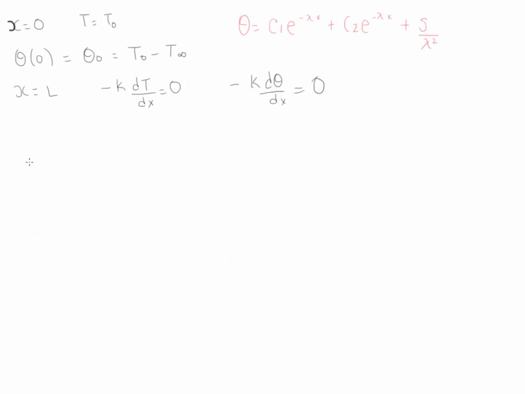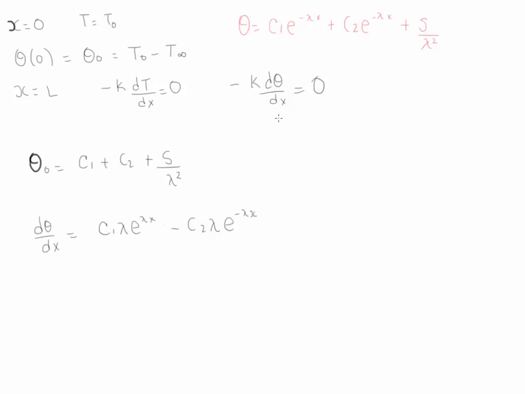Let's now apply the boundary conditions into the governing equation for the temperature. We find that theta naught, which is the evaluation of temperature at x equal to 0, is equal to C1 plus C2 plus S divided by lambda squared. For the second boundary condition, we need to determine the derivative of theta with respect to x, which is going to be equal to C1 lambda e to the lambda x minus C2 lambda e to minus lambda x.